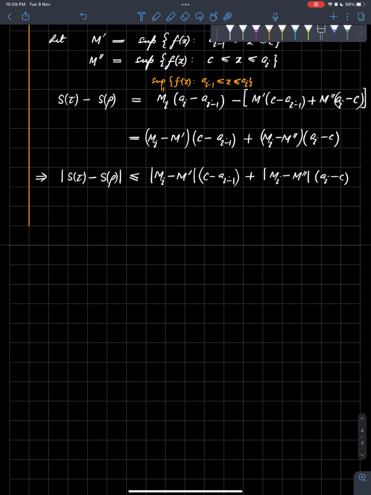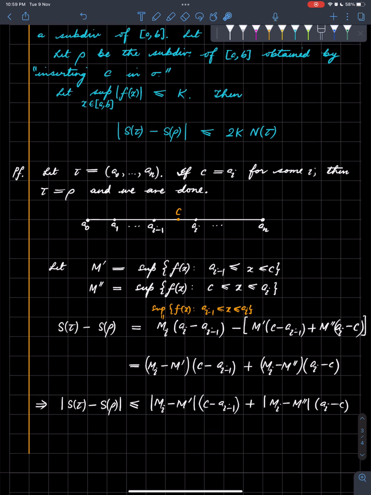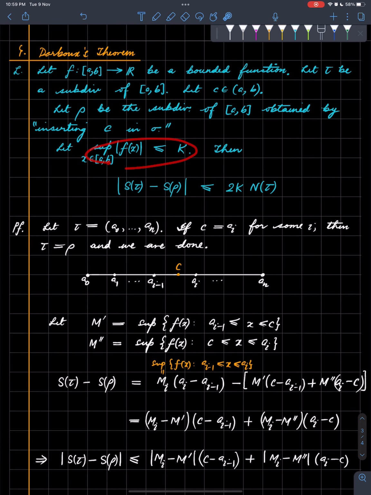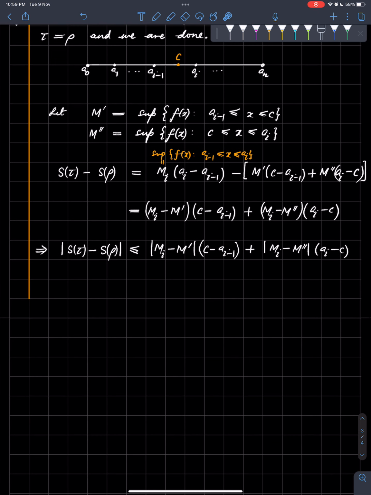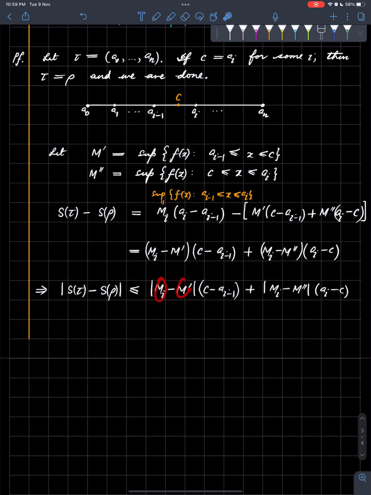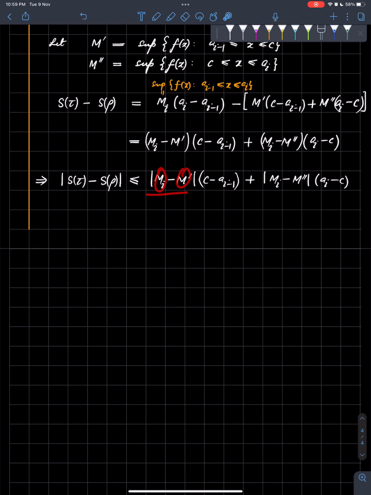But note that this thing is at most 2k, because we have that the supremum of the absolute value of f is at most k, so mi is at most k and m prime is at most k, so their difference can be at most 2k. So this is a wasteful bound maybe, but who cares.